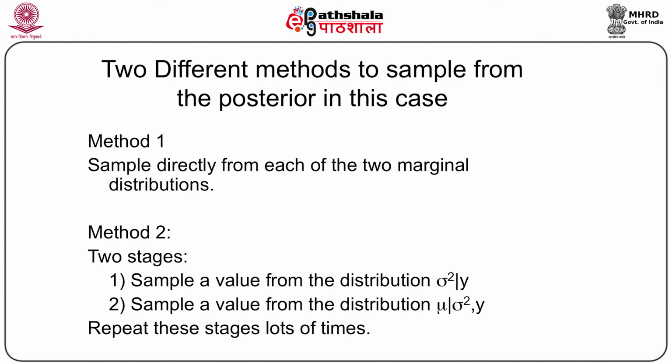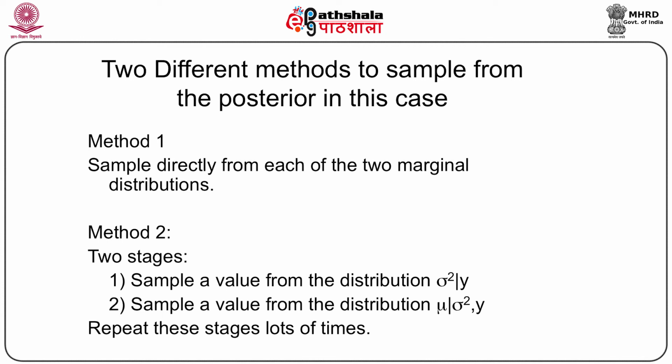Now there are two different methods to sample from the posterior in this case. Method 1 is to sample directly from each of the two marginal distributions, and method 2 suggests that we sample a value from the distribution of sigma square given y, that's the first stage, and in the second stage we sample a value from the distribution of mu given sigma square and y.